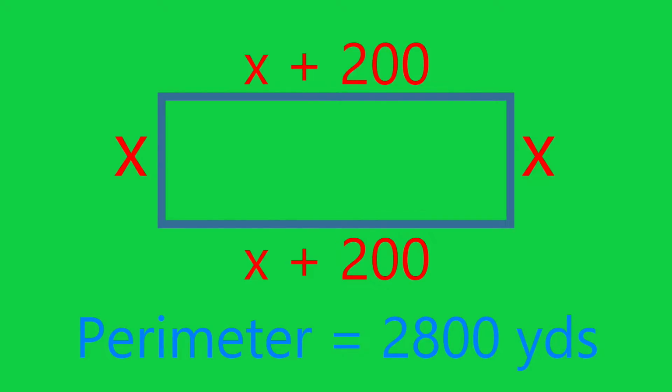Using the expressions we have written, we can label our diagram of the rectangular plot as shown. We were told that the perimeter of the plot of land was 2,800 yards.